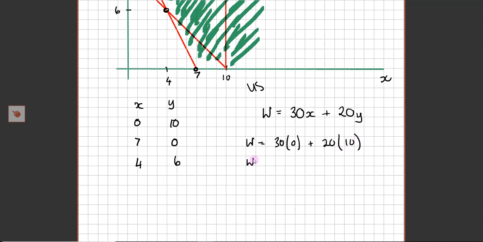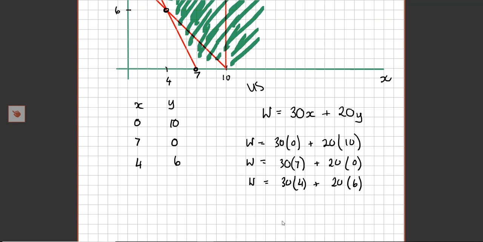The second weight will be 30 times 7 and 20 times 0. Then we've got 30 times 4 and 20 times 6. So which one currently gives us the highest? The last one. The last one? You can work out those values.